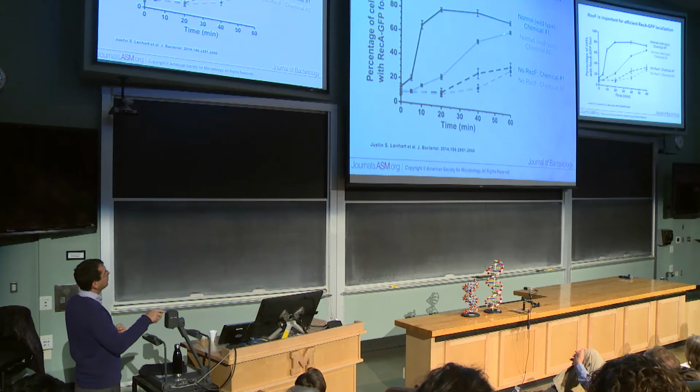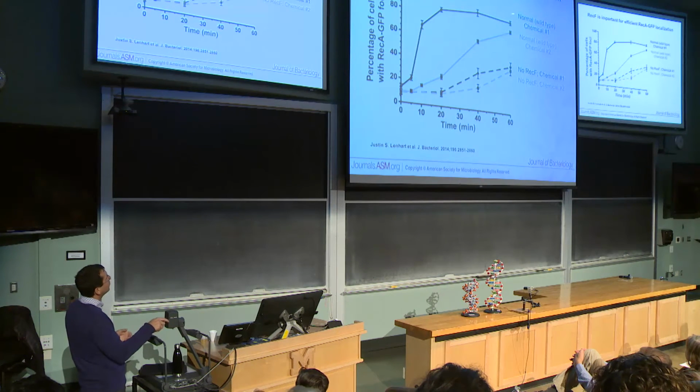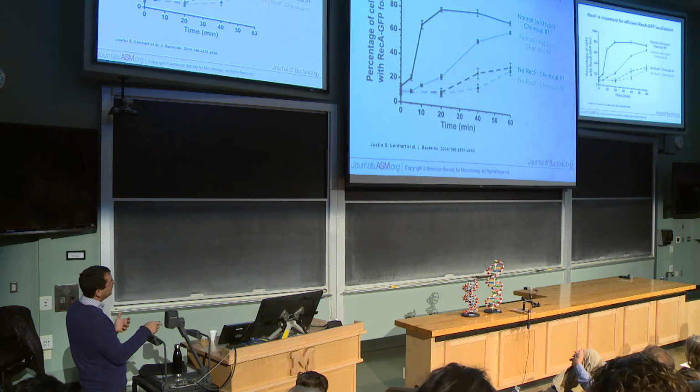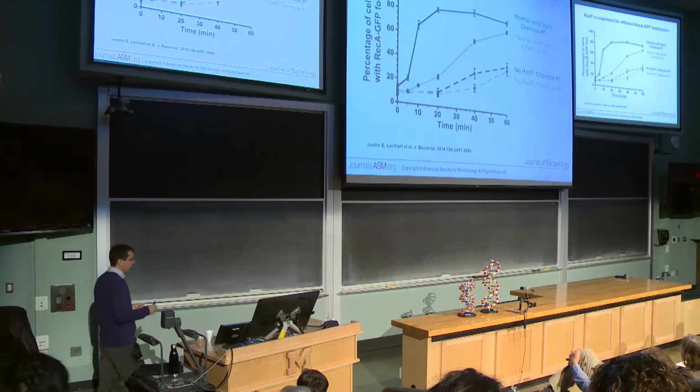If we treat with chemical 2, although there's a delay and it takes longer to respond, we have roughly the same percentage of cells over time responding to that type of damage. If we knock out the REC-F, so there's no REC-F protein, and then treat with chemical 1 or chemical 2, it will increase with time, but it never reaches the point of what we see when REC-F is there.